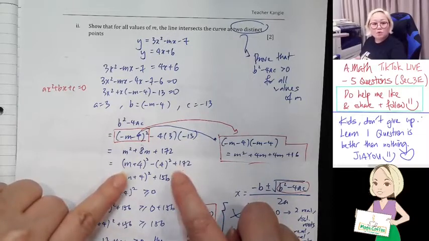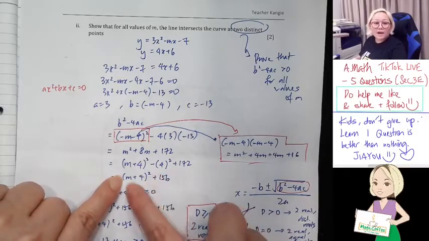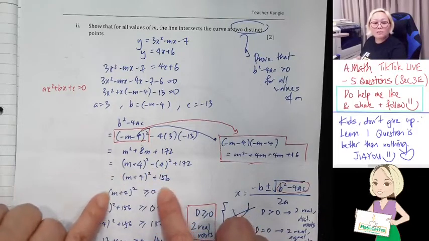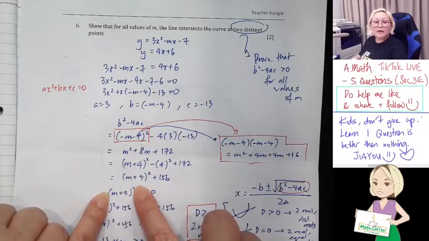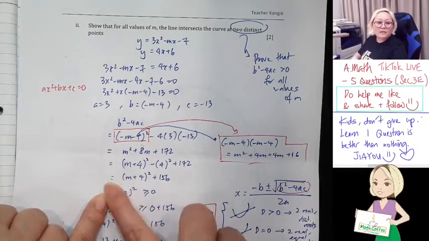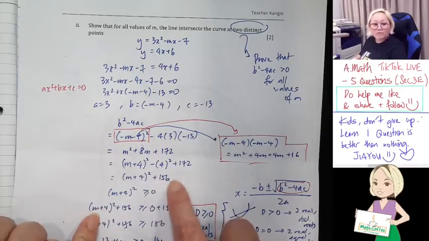Okay? So over here, I need to show some statement to say how it is that it's always positive. We know that (m plus 4) squared is definitely always more than or equals to 0, because anything you square, a negative number you square becomes positive. Right? So no matter what, this is always more than or equals to 0 already. Then I add one more, plus 156.